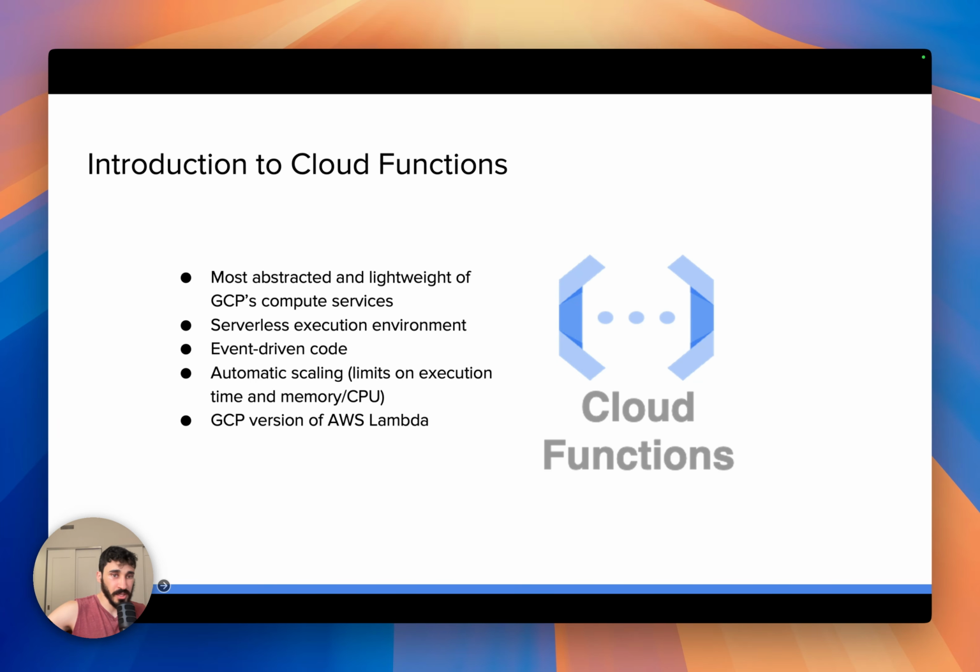You've got automatic scaling with Cloud Functions, but there are limits on the execution time and on the memory and CPU that you can allocate to your little slice of compute that is under your Cloud Function. And for those of you who are familiar with AWS, it's basically GCP's version of AWS Lambda. That's what a Cloud Function is.